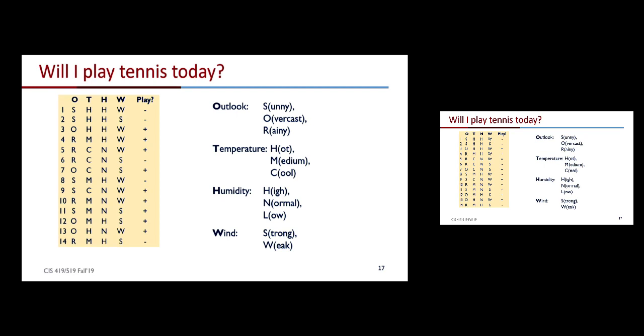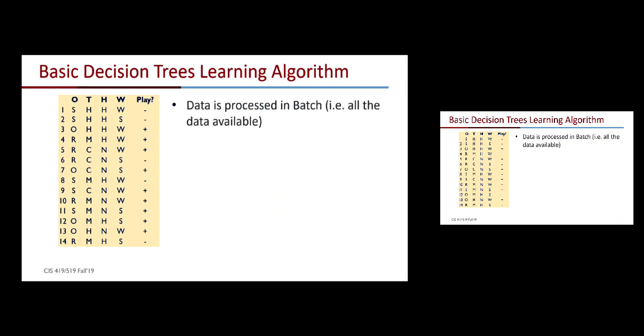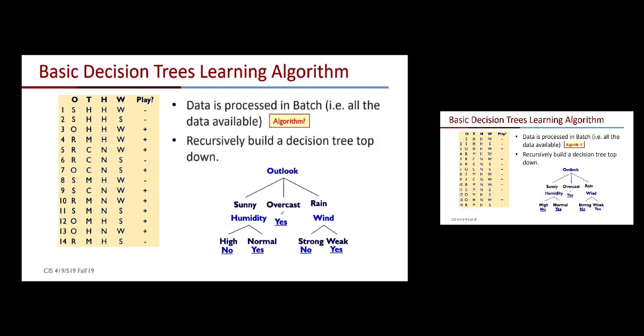Given this data, I want to be able to re-represent it in a compact way as a decision tree, so that later on I can evaluate it. So in this case, I represented this data as, first look at the outlook feature.